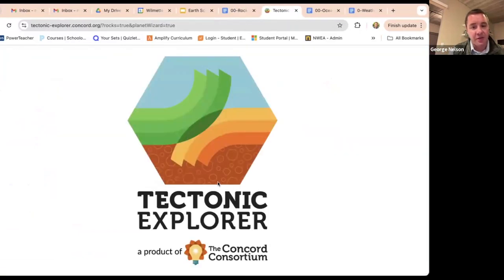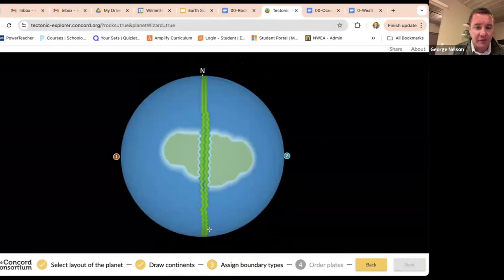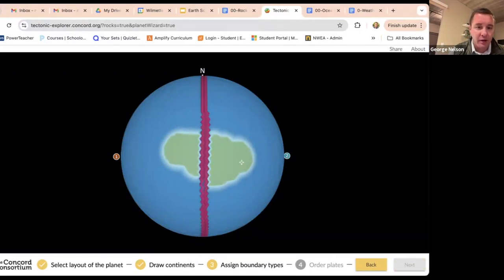It's built in, and they're going back to our plate boundaries. When you roll the sim, you can make different types of rocks. I'm going to try and draw the boundaries.